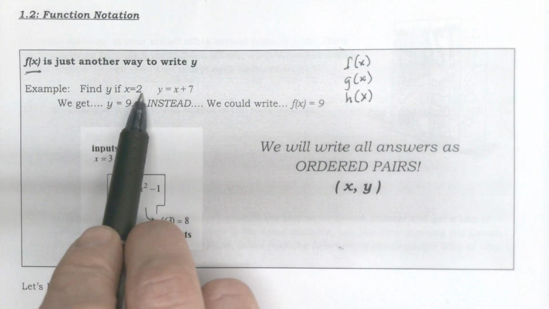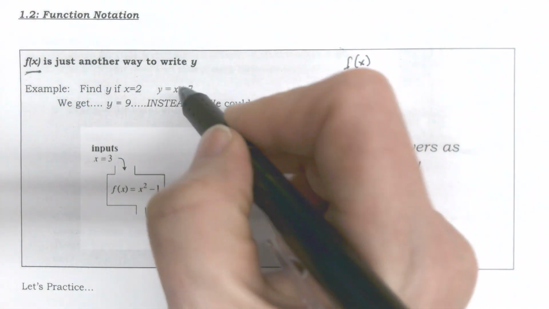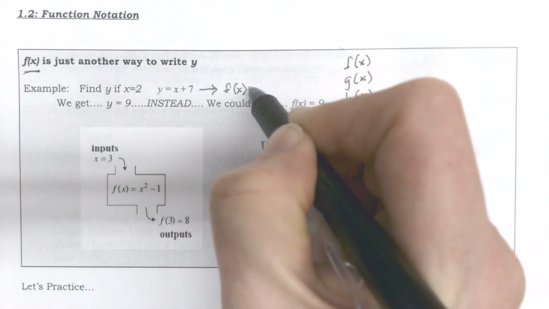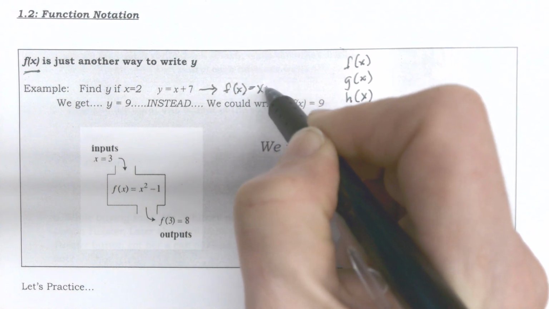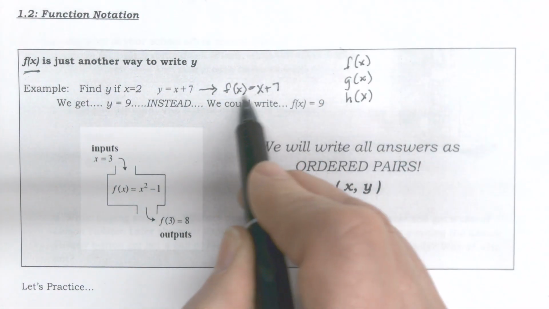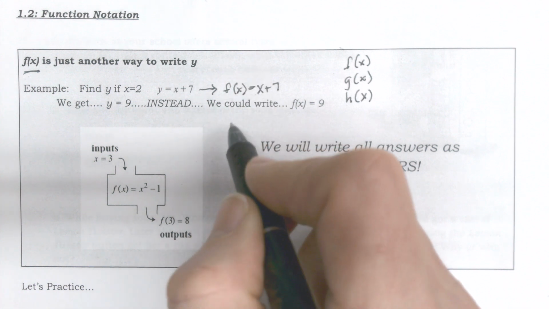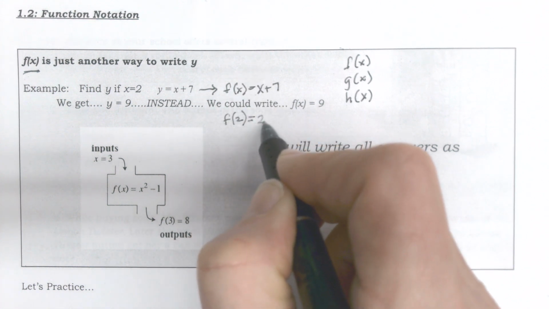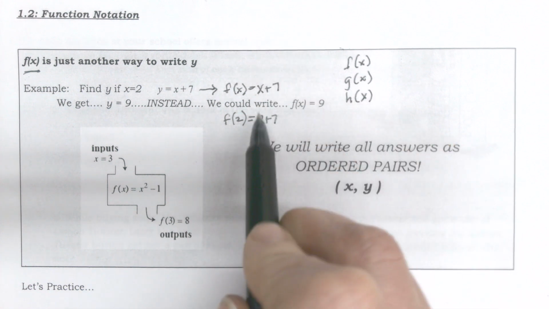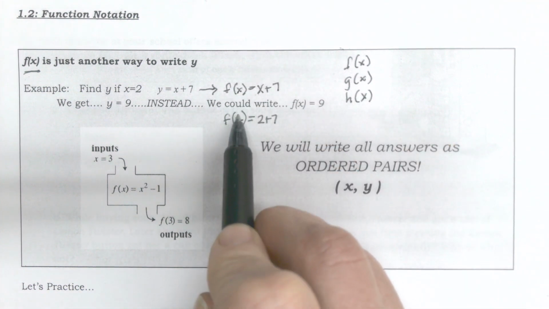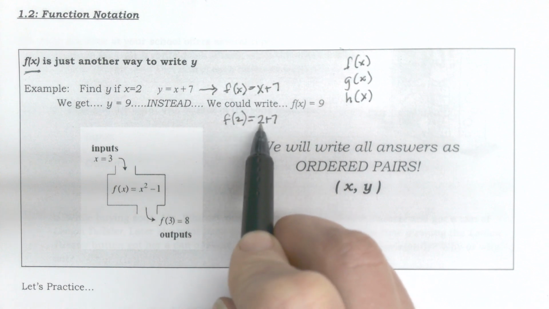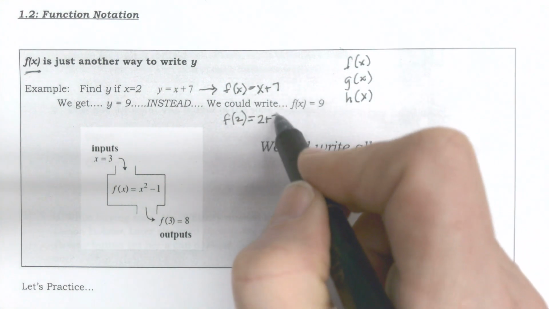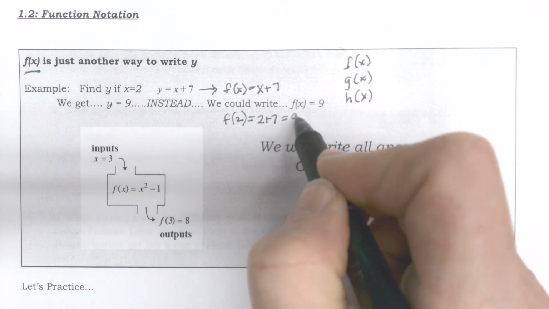So I could call that, if I rewrote this as f of x equals x plus 7, then what I would say is f of 2 equals 2 plus 7. I replace the x with my input to get my value. So f of 2 would equal 9.